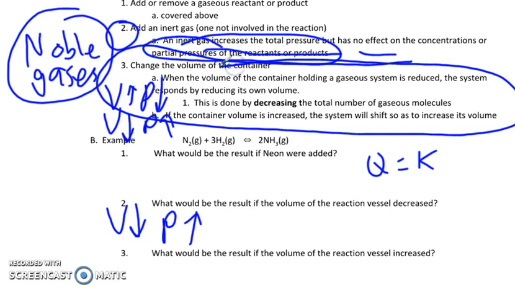You need to look at your reaction, and you need to look at your number of gas molecules on both sides. If I add these up, there's 1 nitrogen and 3 hydrogens. That's 4 molecules of gas. Here there's 2 molecules of gas. So if pressure goes up, I want to go back a couple pages.